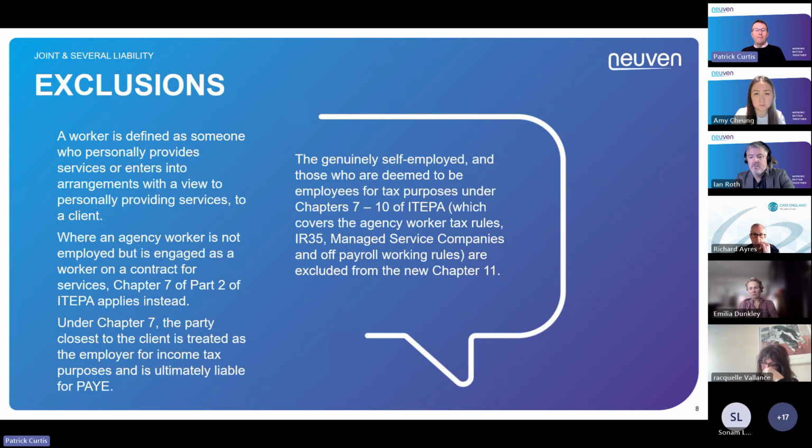Of those, looking at the data that's available to us, the bigger category will be workers on contracts for services, because most companies in our experience have largely stopped using personal service companies because of IR35. And we'll come back to that briefly again, because it is one of the possible responses in industry that we may see an uptick in the use of personal service companies.